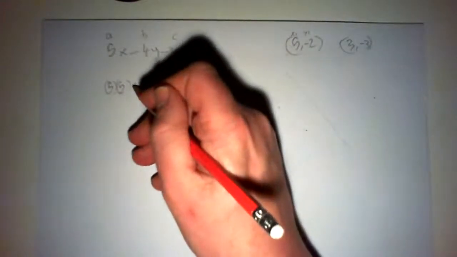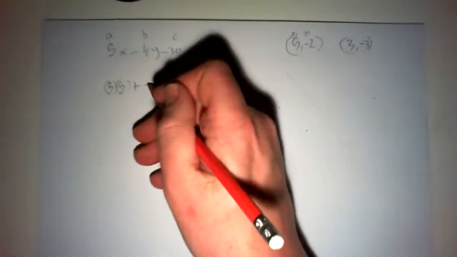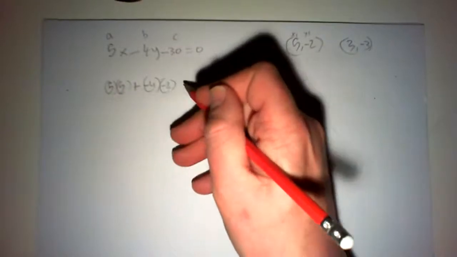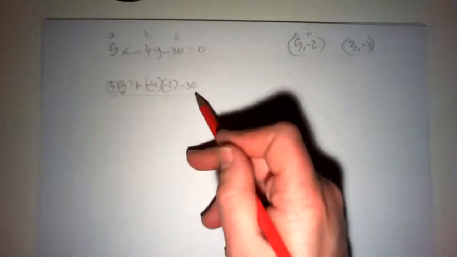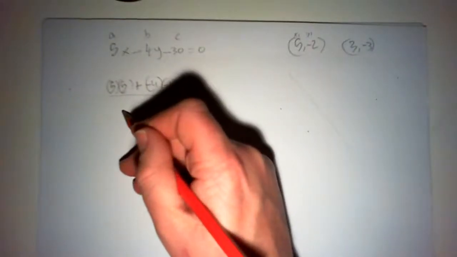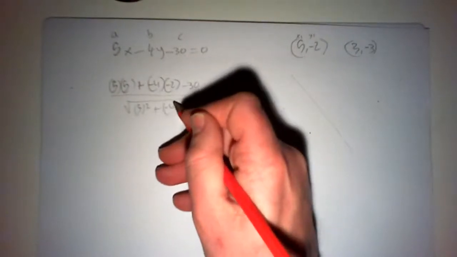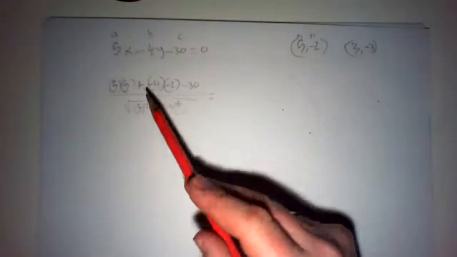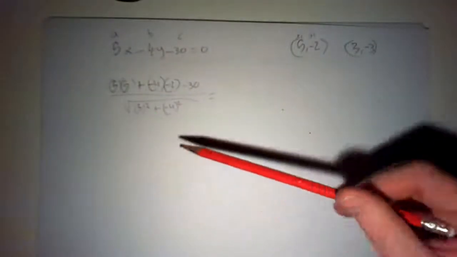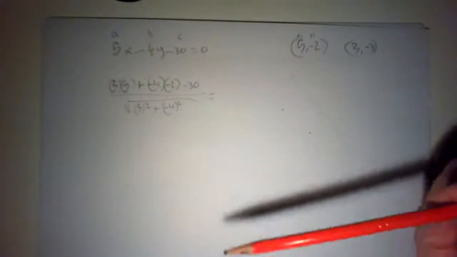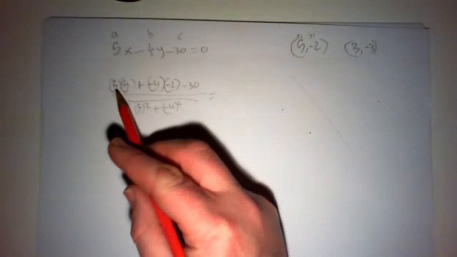Everything else is going to be the same, plus B times y1, minus 4 times minus 2, plus C, the minus 30, all over the root of A squared plus B squared, which is going to be 5 squared plus minus 4 squared. So we're just going to work out this answer, and then we're going to park it, and we're going to do the same thing to this one, and then we're going to check whether both of them are the same. Okay? So that's the key. Let's have a look.